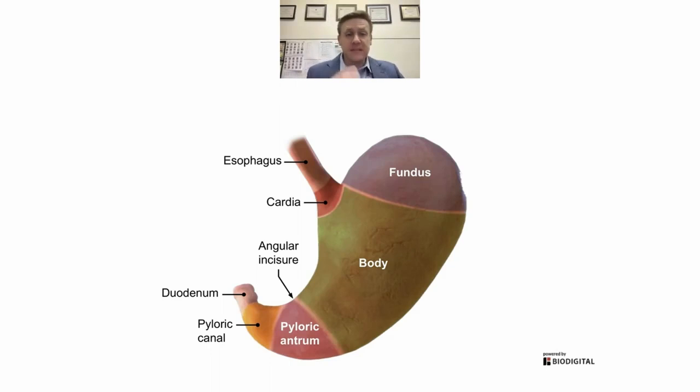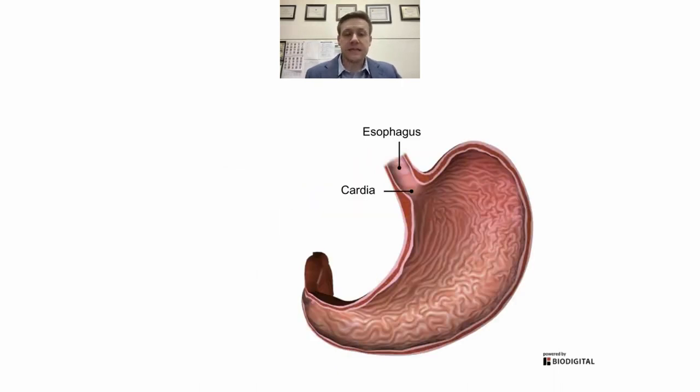And when you learn about physiology or histology, you'll learn that there are some special types of mucosa or epithelium at the very initial and ending parts of the stomach. In particular, for our purposes, the cardia has some specialized glands, and those specialized glands are there because the stomach's full of acid, and the esophagus and duodenum on the opposite end are definitely not meant to handle acid the way the stomach is.